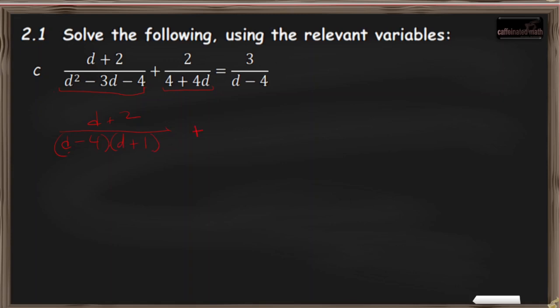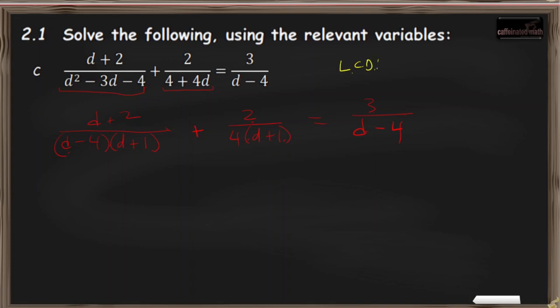We can add, and then we can take out 4 over there as a common factor, and then we'll have a d plus 1. All I did was flip them around. And then on the other side, there's quite literally nothing to do. Well, now we can work on our lowest common denominator.